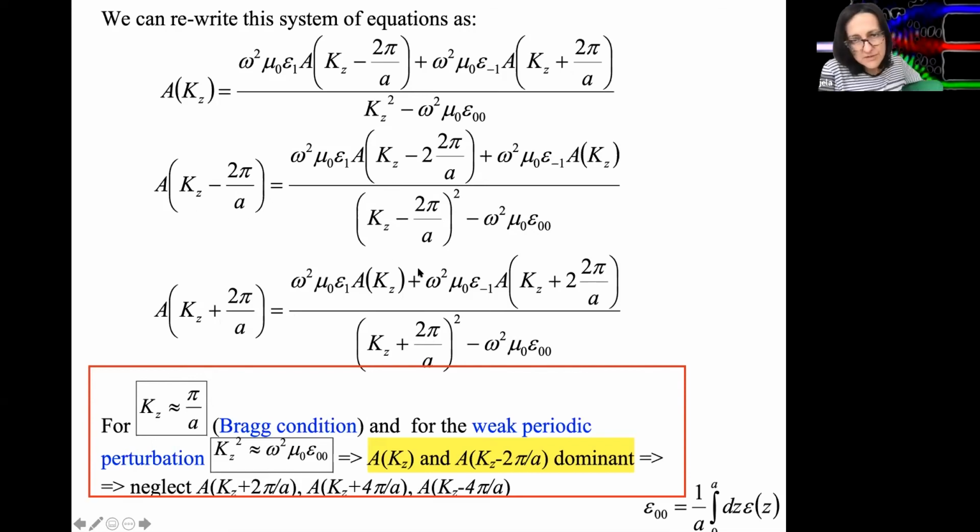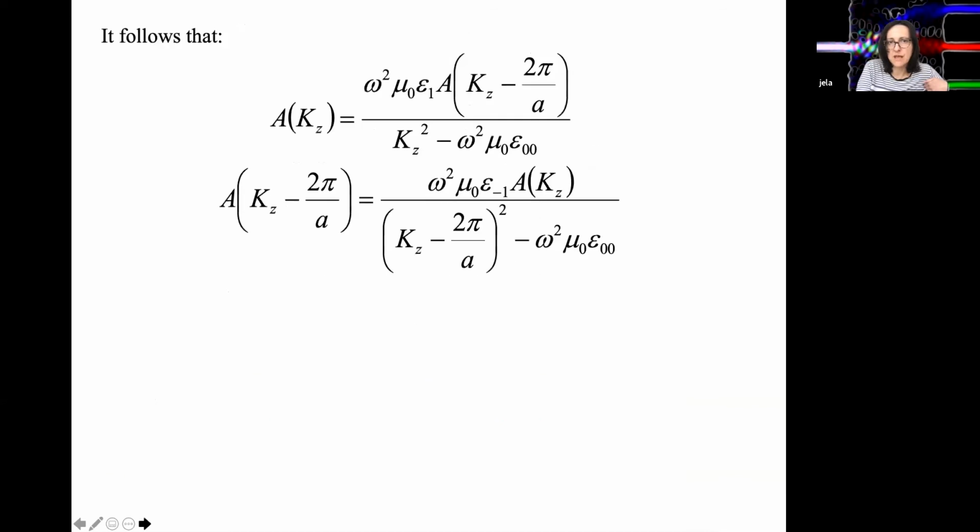So I'm doing this so that I can simplify this system of equations even further, and I will neglect all the coefficients other than a of k and a of k minus 2 pi over a, just so we get something that we can solve here in class. Here is the system truncated to only keep a of k and a of k minus 2 pi over a.